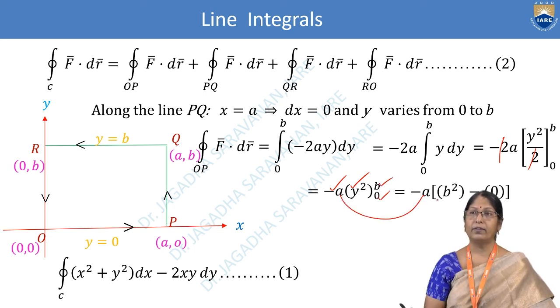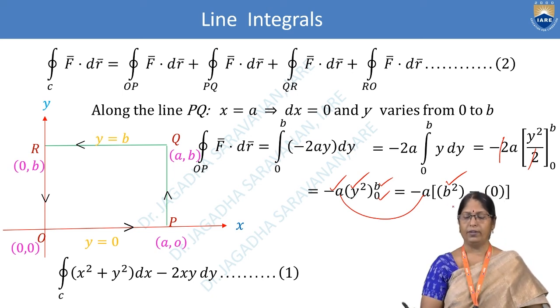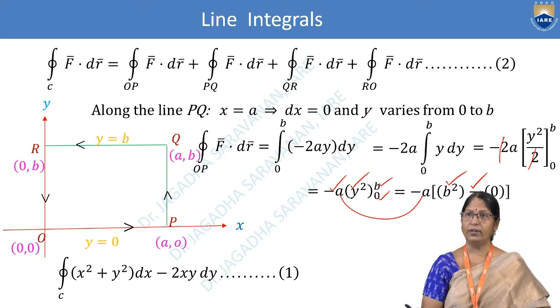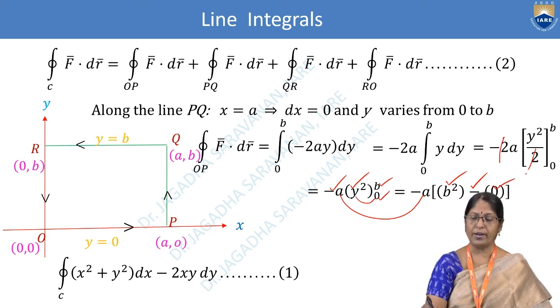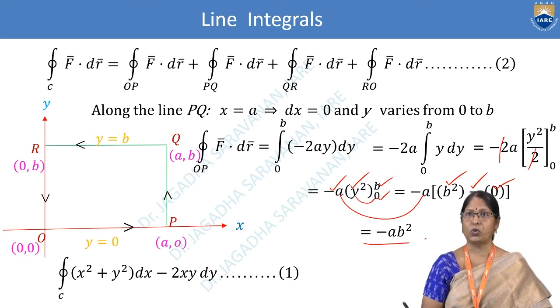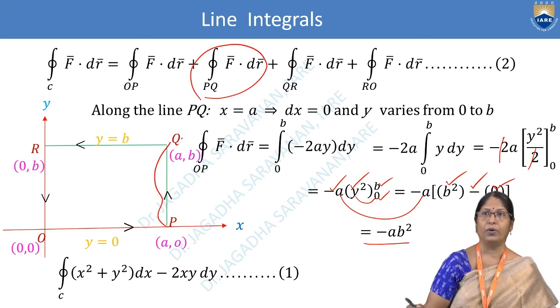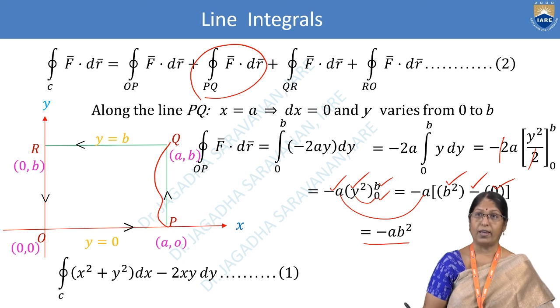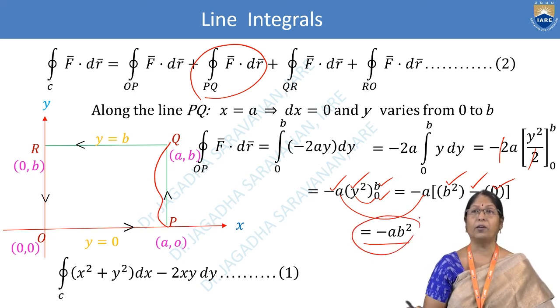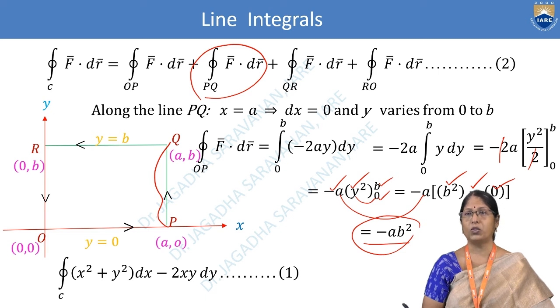Substituting the upper limit b in place of y gives b square, and upper minus lower, with 0 as the lower limit, gives 0. Finally we got minus a b square. So the second integral, from P to Q, is calculated, and its value is minus a b square.